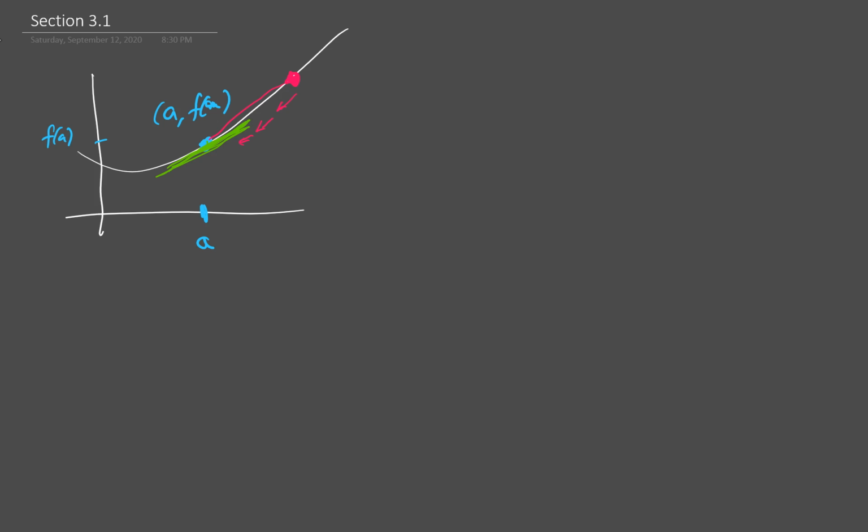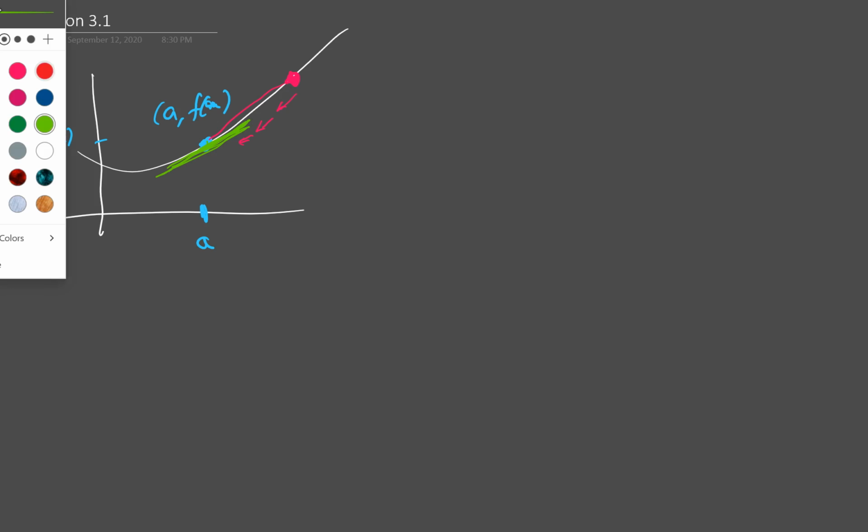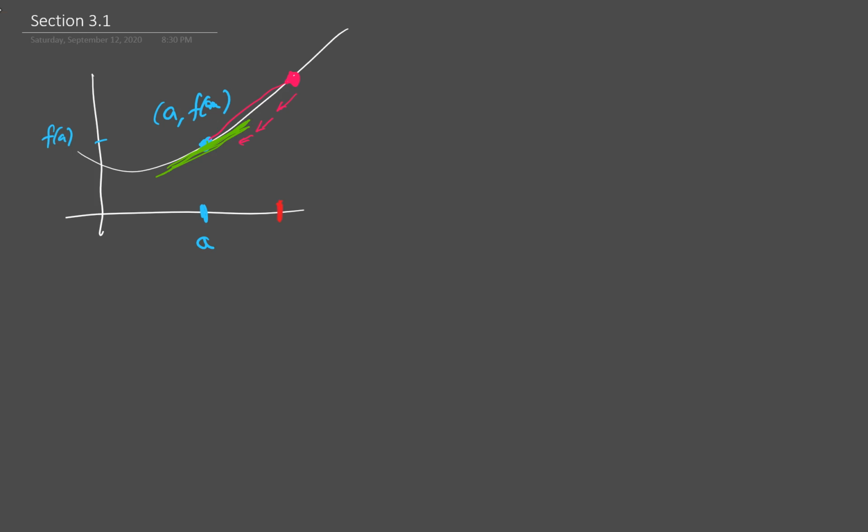We're going to think about this red point as being A plus H away, so this is at A plus H comma f of A plus H. The slope between the blue point and the red point is going to be f of A plus H minus f of A, the change in the y values, divided by the change in the x values, which is A plus H minus A. So the slope of that specific secant line, given this set H, is f of A plus H minus f of A over H, because the A's cancel, plus A and minus A.